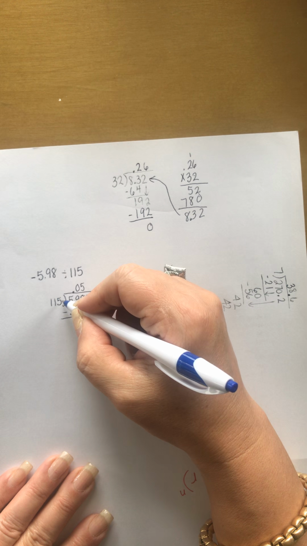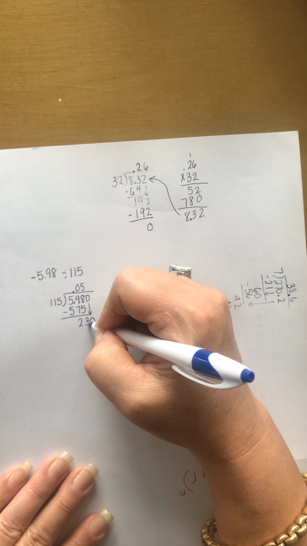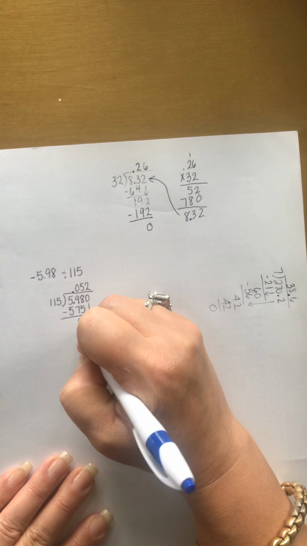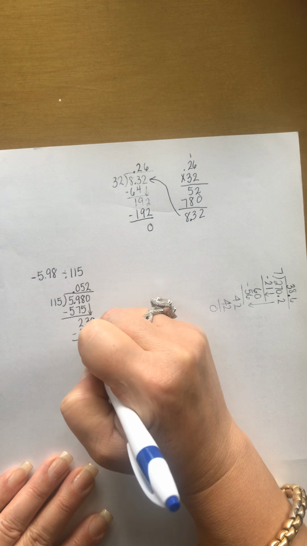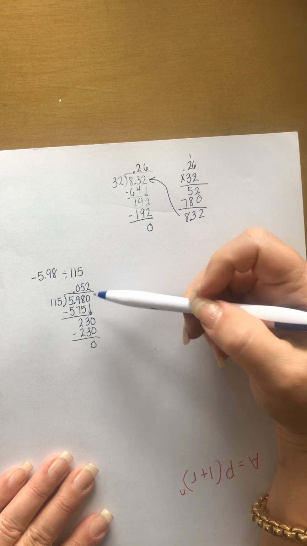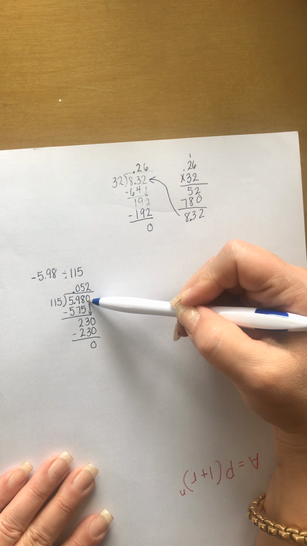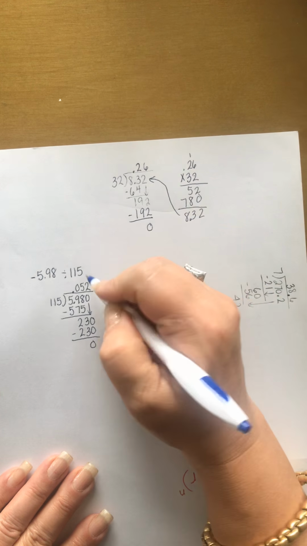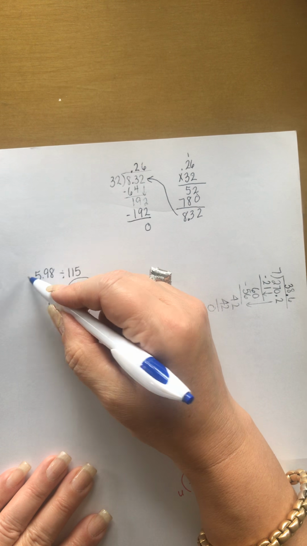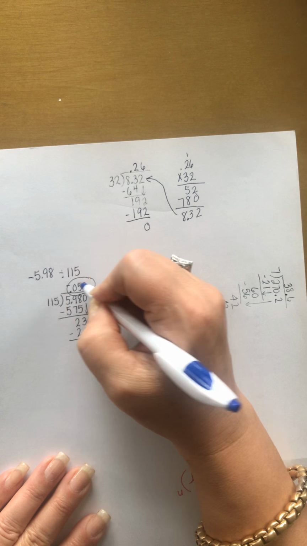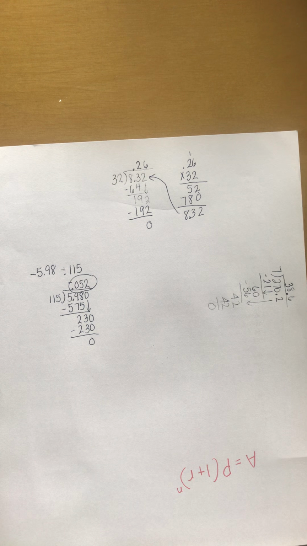And how many 115s go into 230? And that would be 2. 115 times 2 is 230. So when you subtract, you get 0 remainder. So sometimes you have to add a 0 in the dividend in order to finish it off. So 0.052 is the answer, but we have to add a negative because we're dividing by one negative. We have to use those rules.